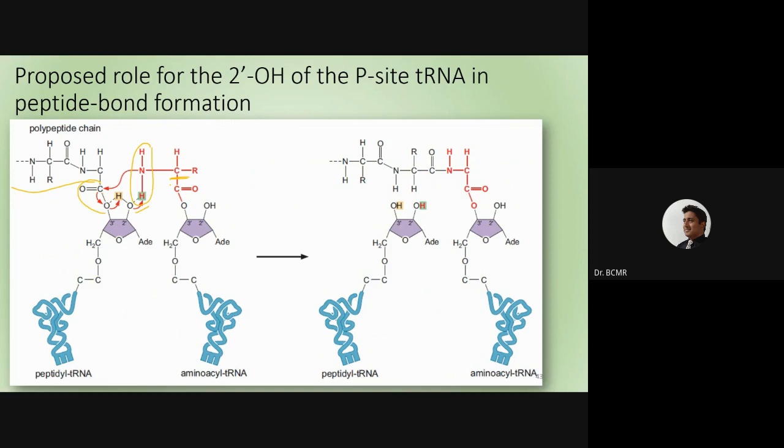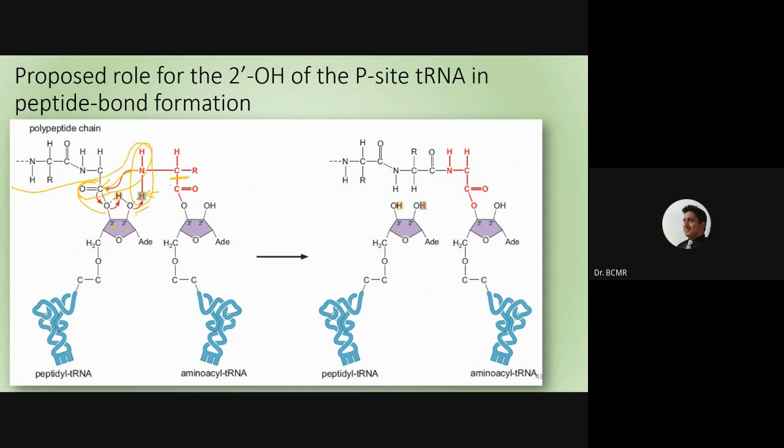The peptide chain is attached to the 3' OH using the carboxylic group. So the 2' OH of the adenine is thought to interact with this hydrogen of the amino group, and so the nitrogen here will interact with the C of the carboxylic group. That is how you form a bond between CO and NH. That is the peptide bond.